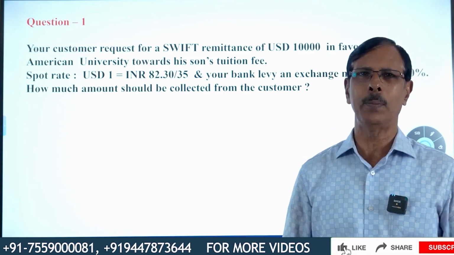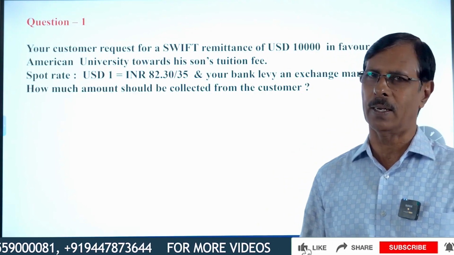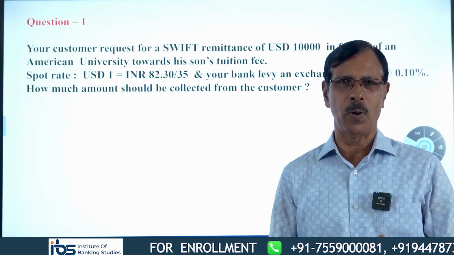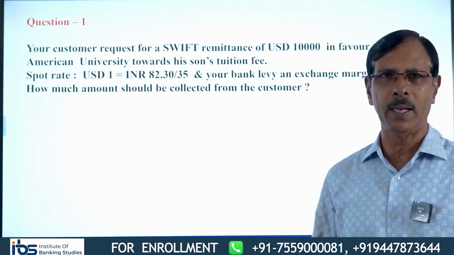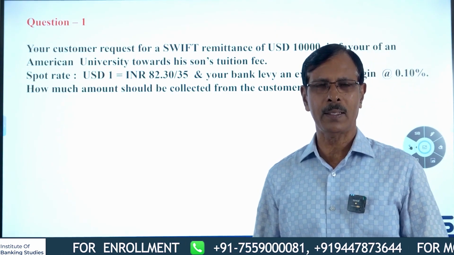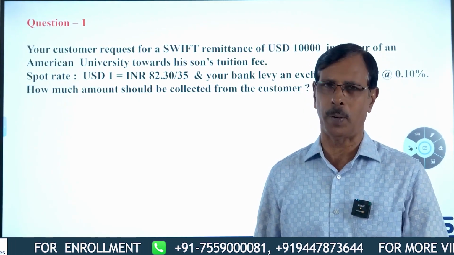There are two different types of transaction: one is a buying transaction, another is a selling transaction. Here you have to look at the banker's perspective. If the bank is buying foreign currency, the bank will apply the buying rate. And if the bank is selling foreign currency, the bank will apply the selling rate. This is the point to remember.